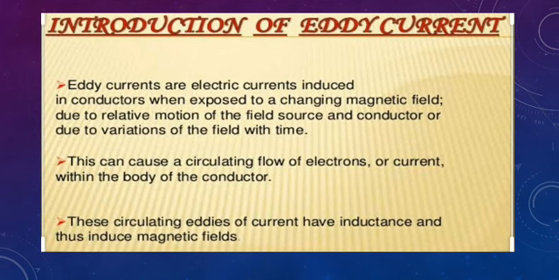This can cause a circulating flow of electrons or current within the body of the conductor, and these circulating eddies of current have inductance and thus induce a magnetic field.